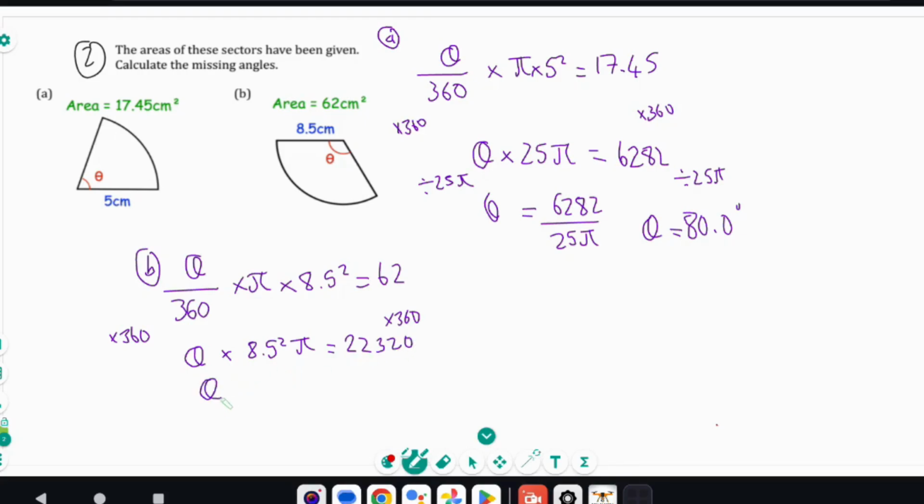Divide both sides by 8.5 squared pi. Gives us theta is 98.3 degrees.